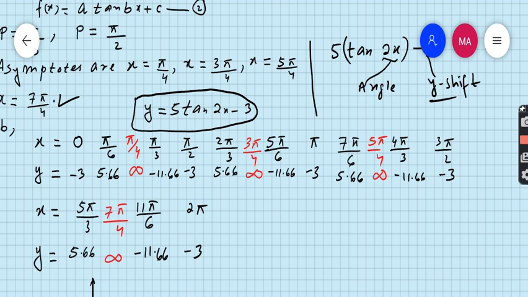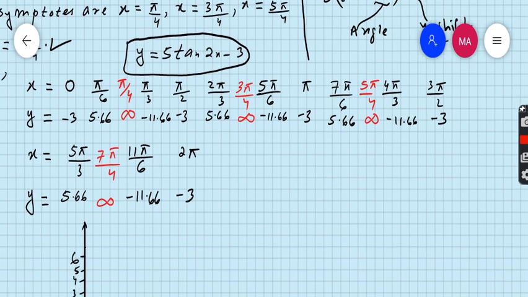Asymptotes are mentioned in red pen. The next asymptote is 5 pi by 4, the midpoint of 7 pi by 6 and 4 pi by 3. And the last asymptote, 7 pi by 4, is the midpoint of 5 pi by 3 and 11 pi by 6. I hope you completely understand.